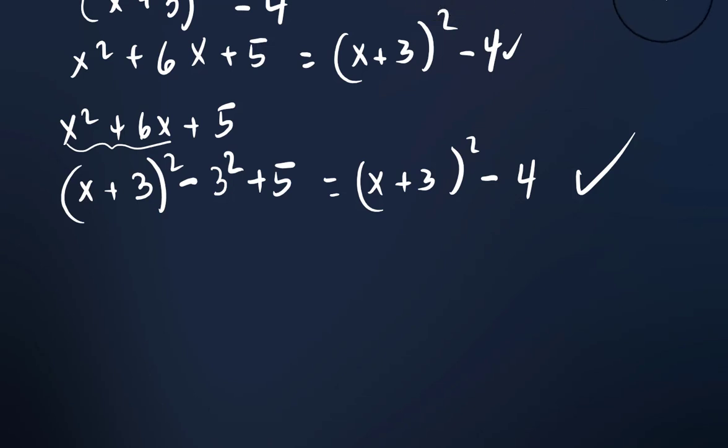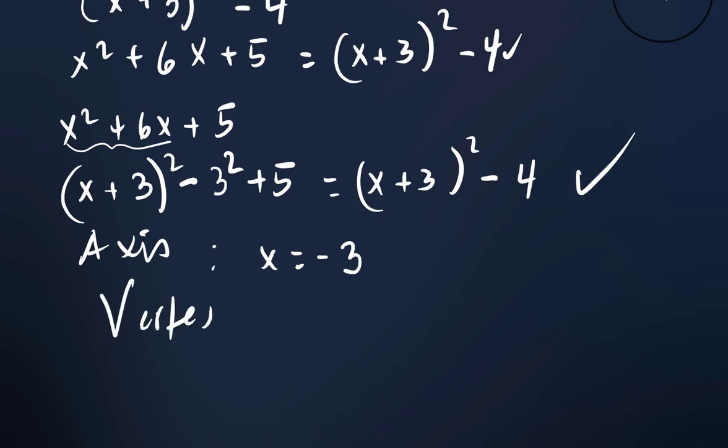And of course we can see here that in this situation the axis of symmetry has for equation x is equal to h, which is negative 3, and then the vertex is at (h, k), negative 3 and negative 4.